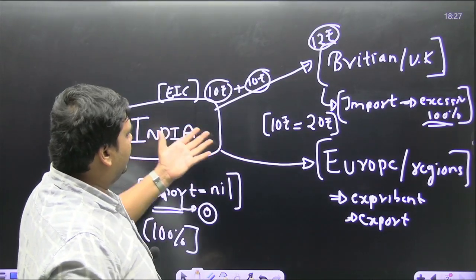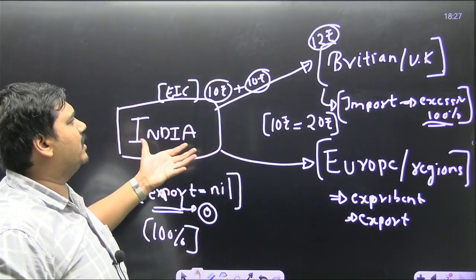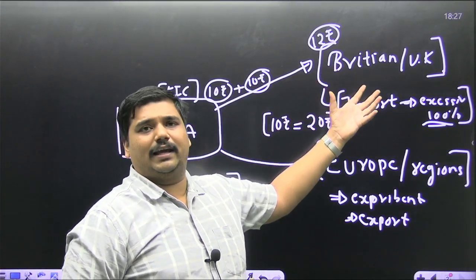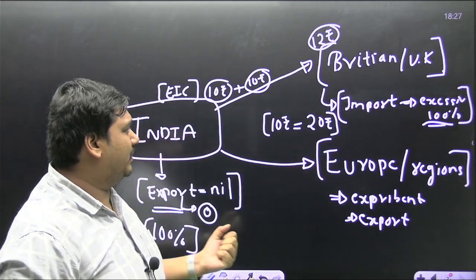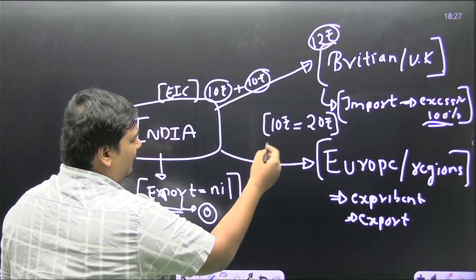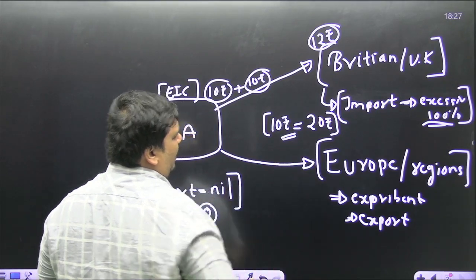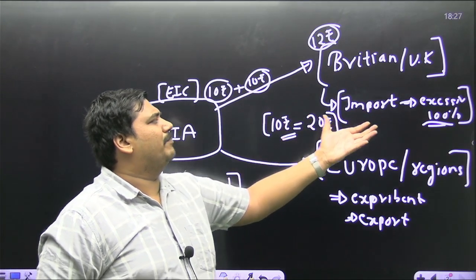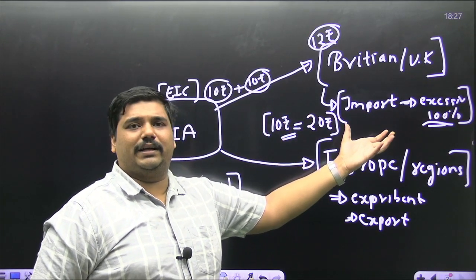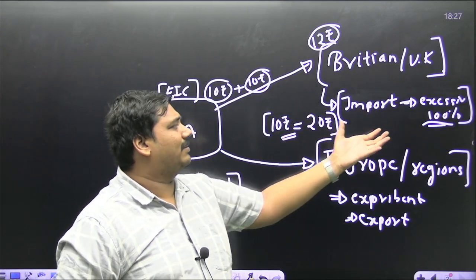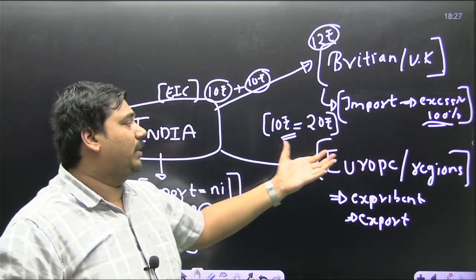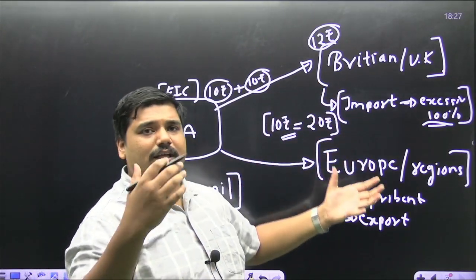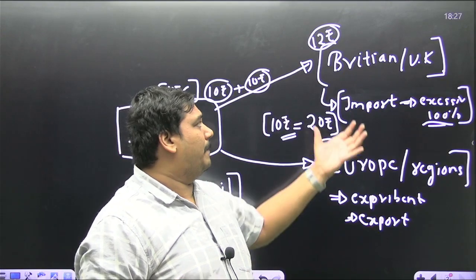So this meant that the Indian commodity was becoming excessively costly in Britain, which meant that there were no buyers for the pen. This 10 rupees pen would not be imported by the Britishers because there was excessive import duty levied on the pen, making the pen costly, therefore reducing the consumption of pen.